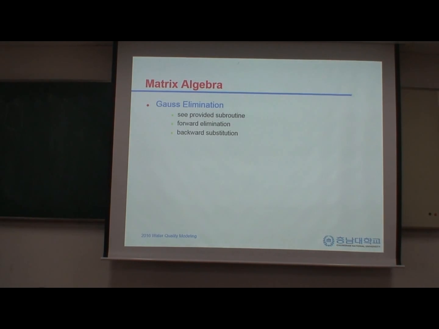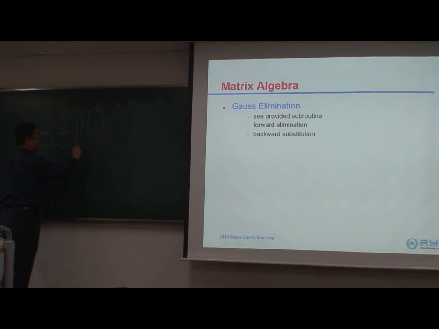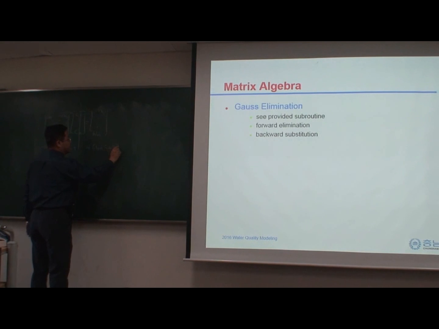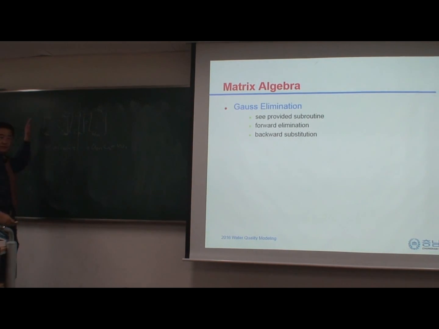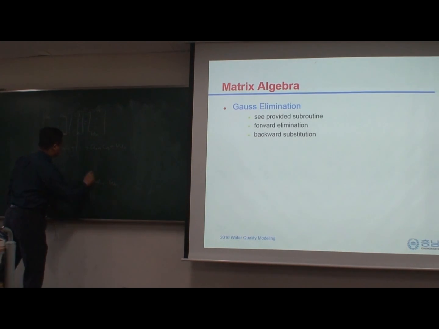For A11 C1, A12 C2, and so on, up to A1n Cn equals W1, which is the first equation. So we have many equations, down to An1 C1 plus and so on, An Cn equals Wn. These are so many linear equations.